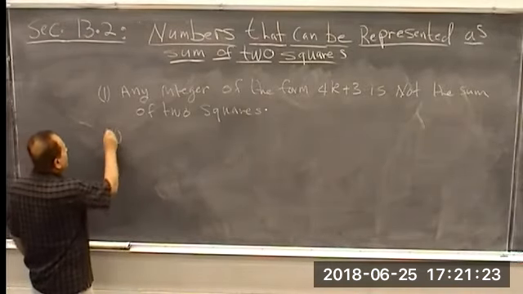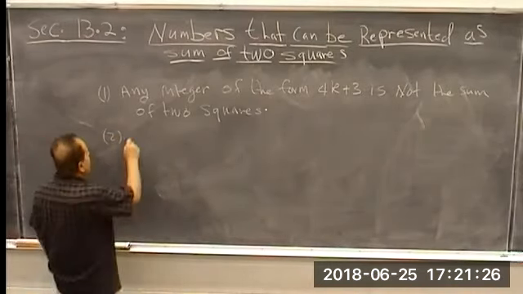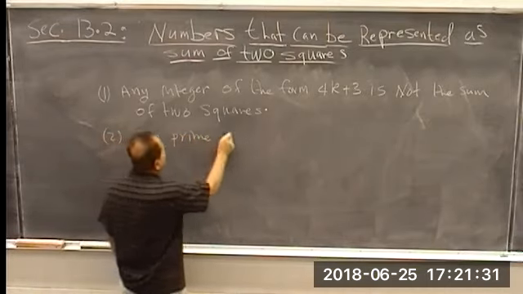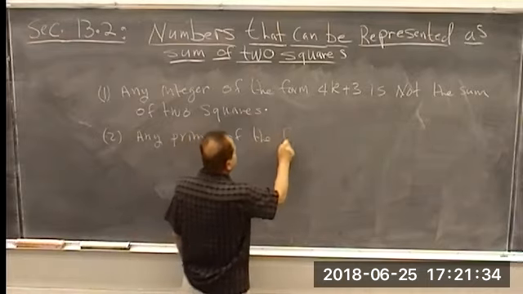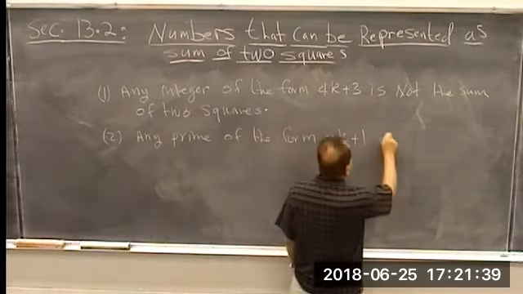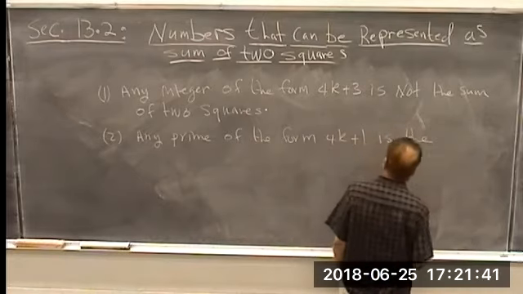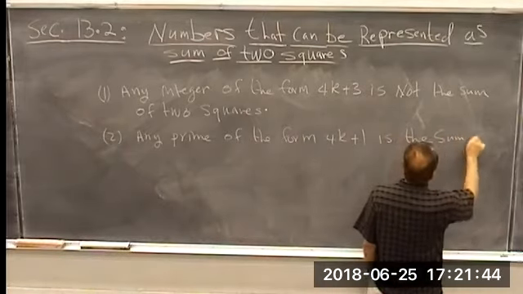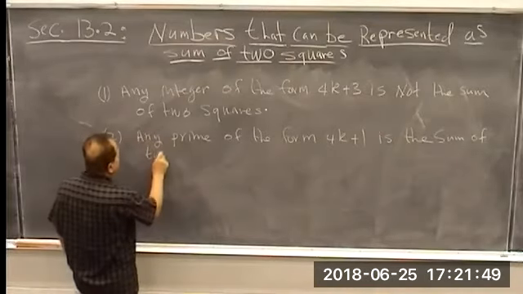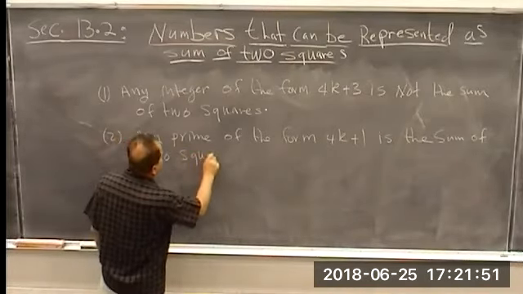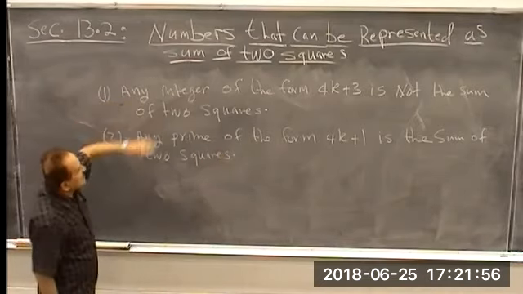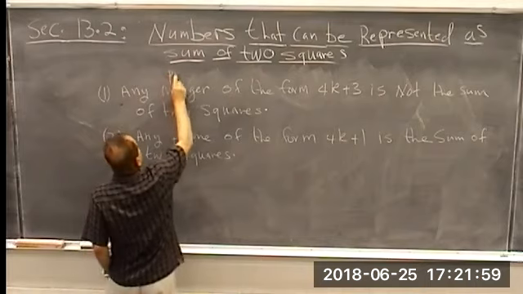Then we had any prime of the form 4k plus 1 is the sum of two squares. Now, in the first one, we say any integer. Of course, in particular, this also works for a prime.